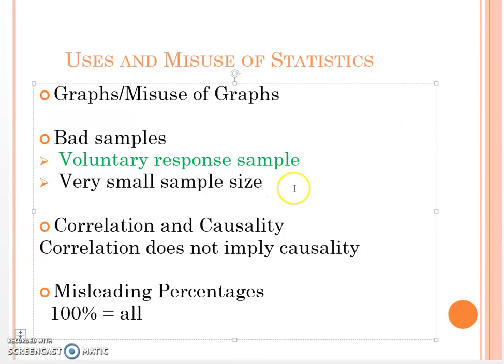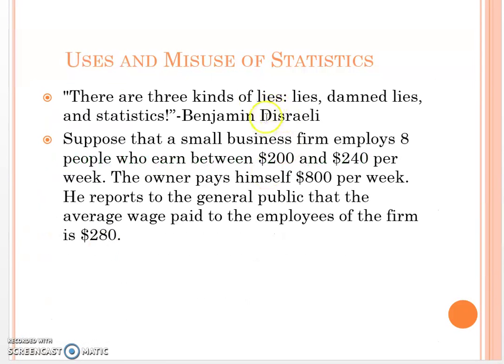If you voluntarily responded to a certain survey, that can be considered to be biased. Also, very small sample size. The one we had before over here, it has 8 people in total, and they reported average to be 280. Again, that's because only 8 people, and they use the average, which is misleading.